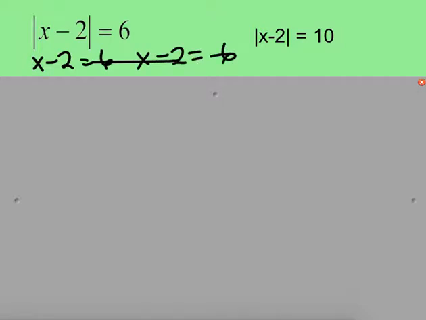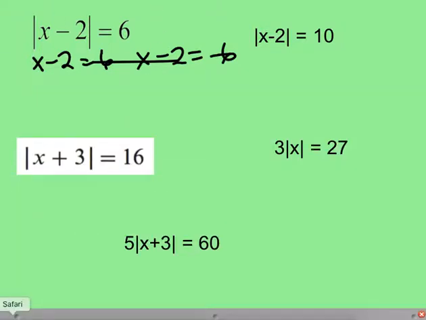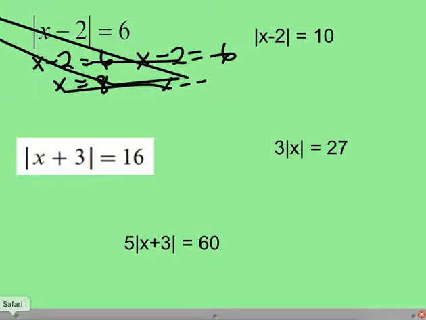We can solve each of these: I add 2 to each side and get x is equal to 8, or x is equal to negative 4. Those are my two possibilities, and when we plug them in, yes, 8 minus 2 is 6, so the absolute value of 6 is 6, and negative 4 minus 2 is negative 6, and the absolute value of negative 6 is 6.